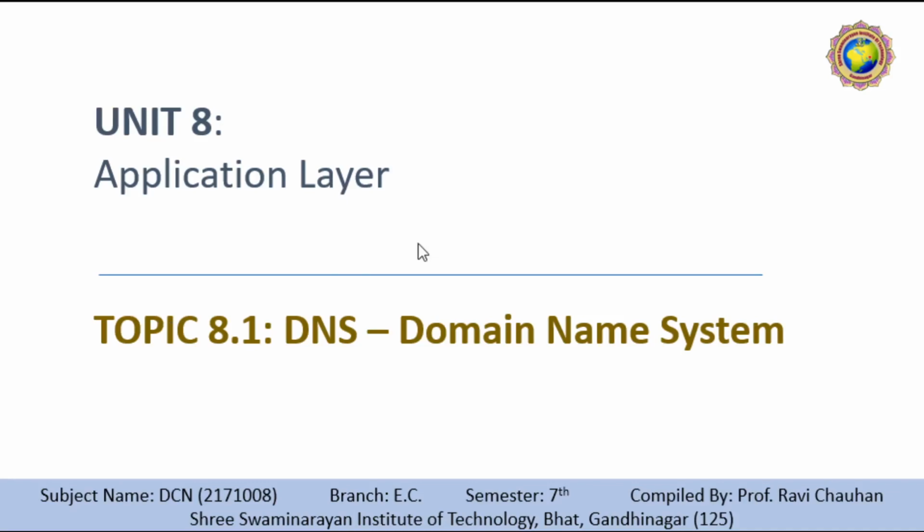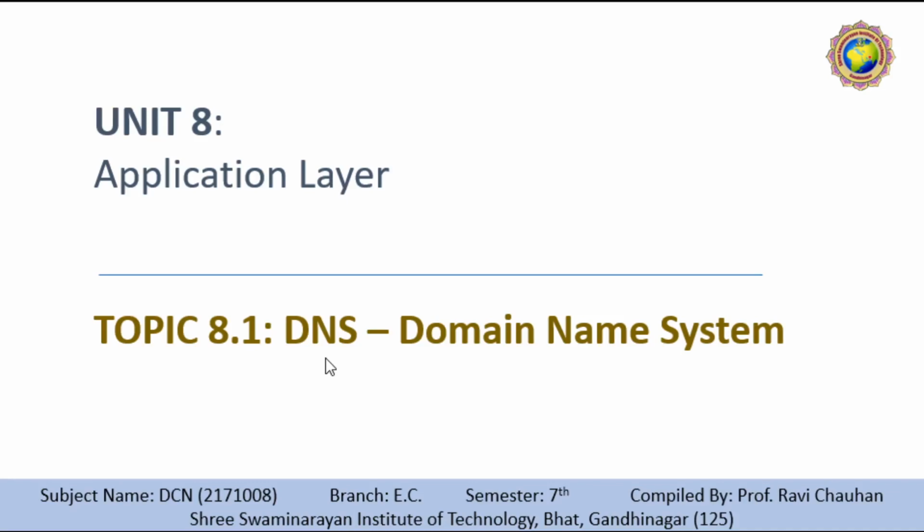So let's start our unit with topic number 1, called DNS, the Domain Name System. There are several applications in the application layer of the internet model that follow the client-server paradigm. The client-server programs can be divided into two categories.